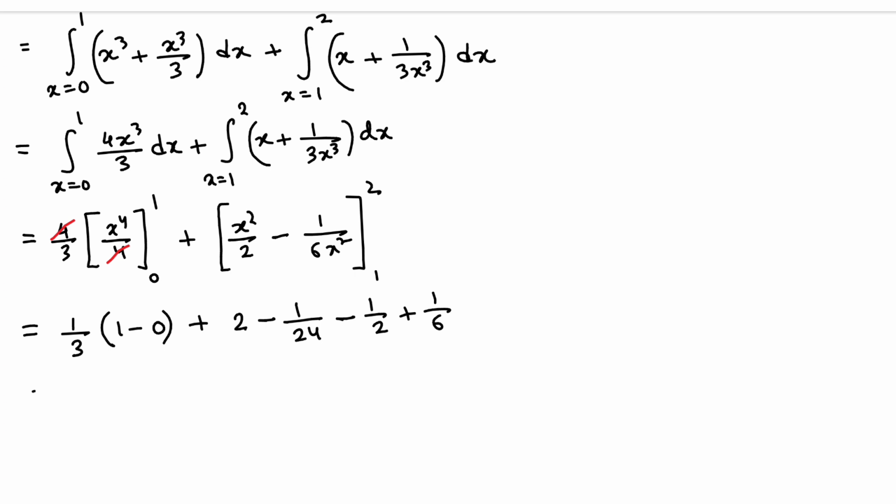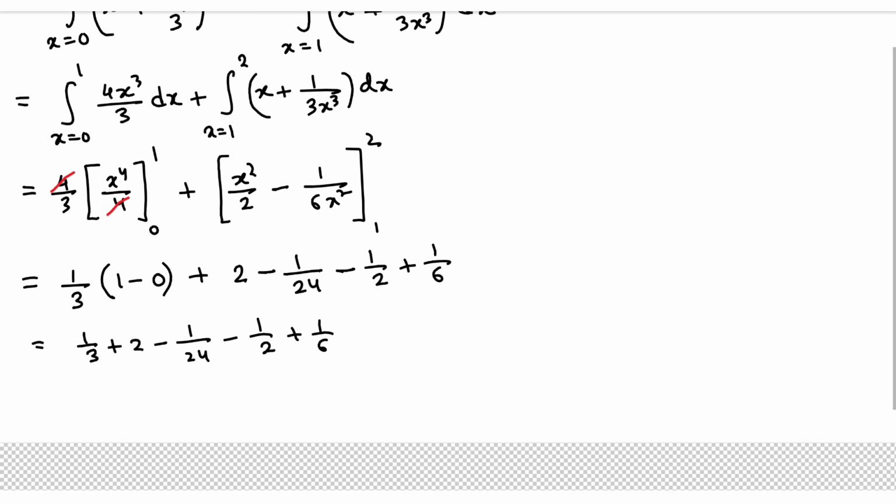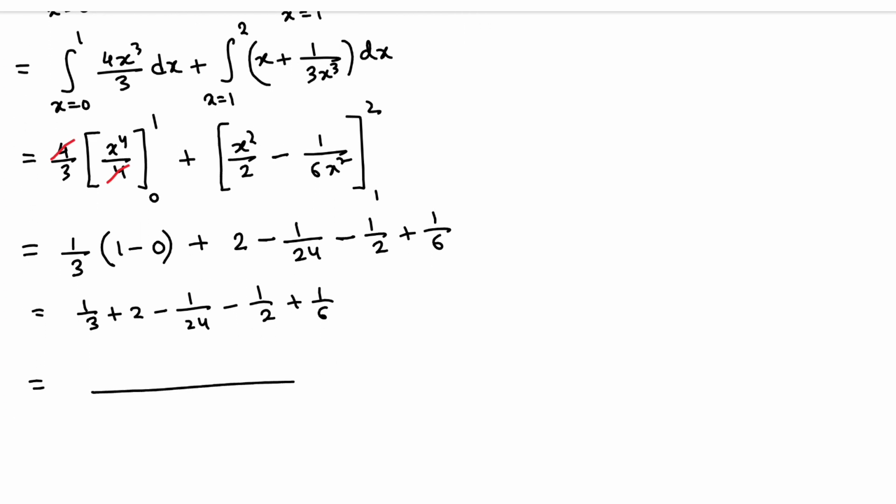So you are getting 1 by 3 plus 2 minus 1 by 24 minus half plus 1 by 6. The LCM is 24, so this will be 8 plus 48 minus 1 minus 12 plus 4, and this is equals to 47 divided by 24. This question is very important.